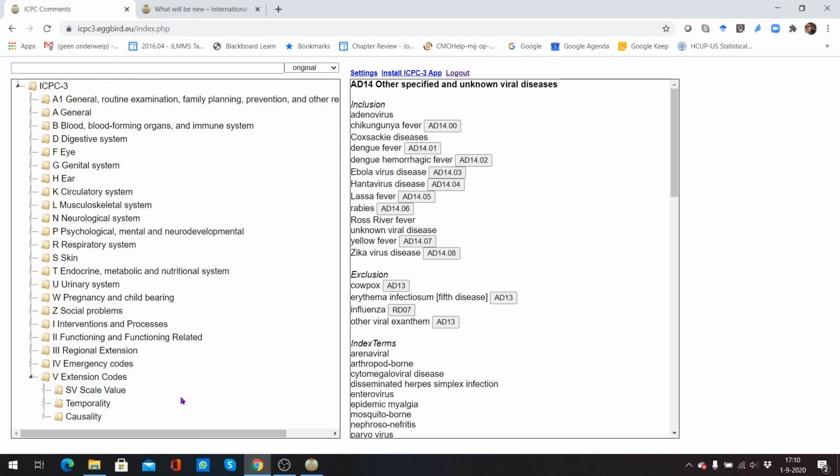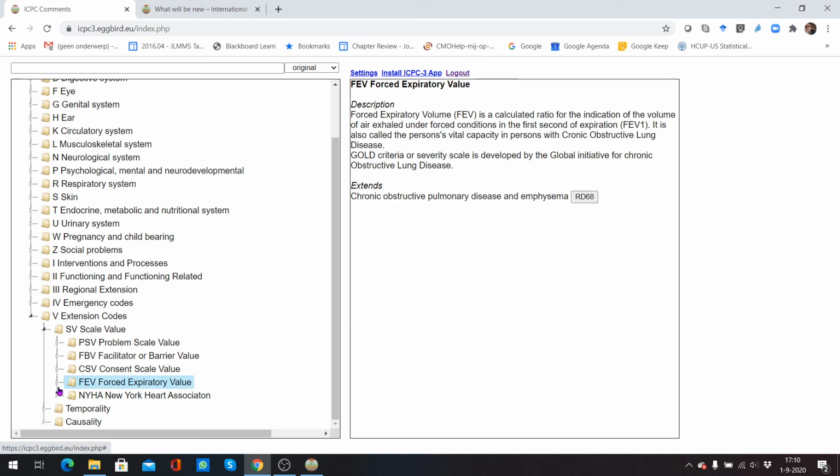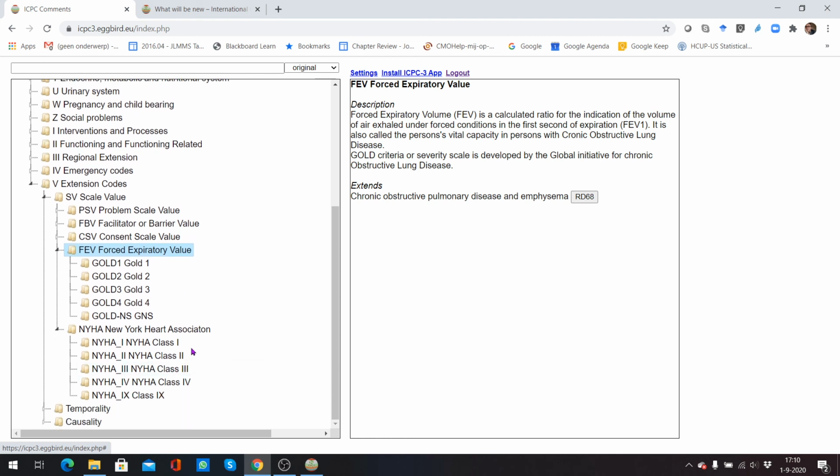For example, the classification of severity of COPD and heart failure can be found here. So if you go to the scale value, there you see the scales for GOLD 1 to GOLD 4 and the New York Heart Association classification for heart failure.